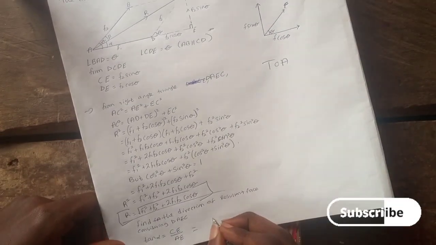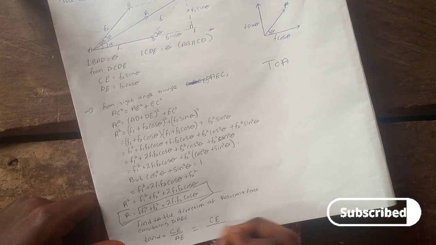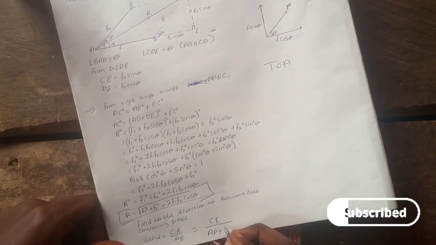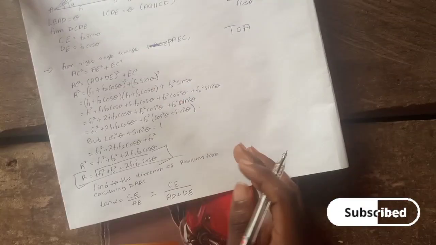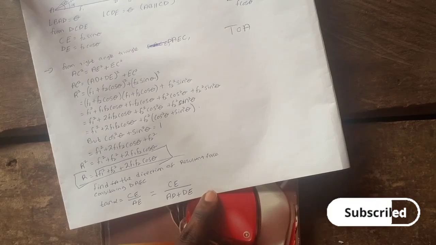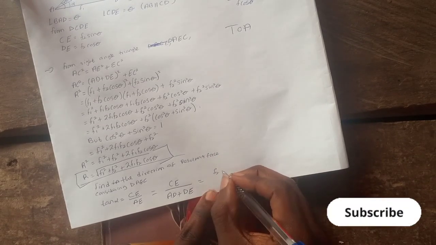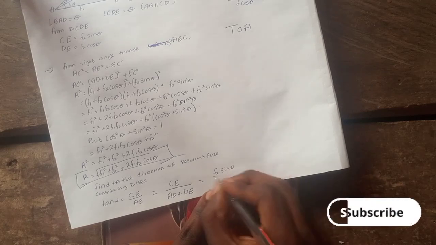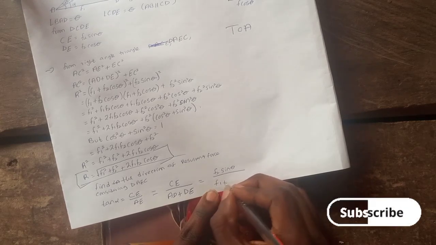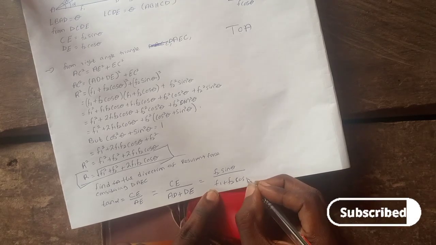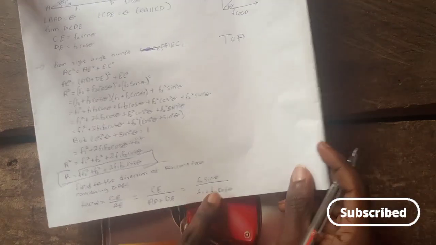Then we know that CE over AE is equal to F2 sin theta over AD plus DE, which will be F2 sin theta over F1 plus F2 cos theta.